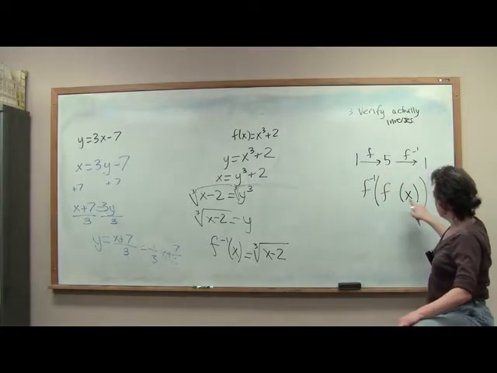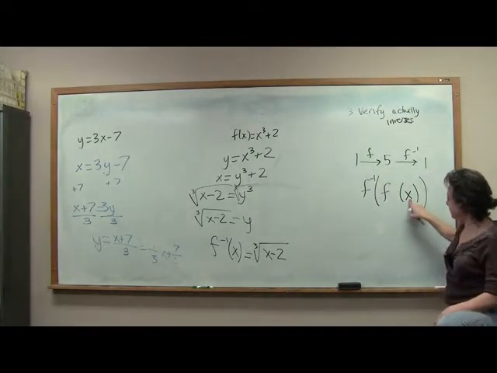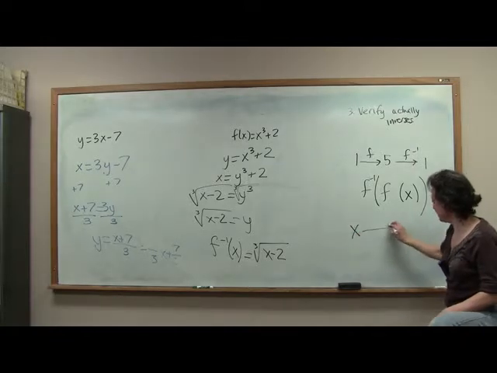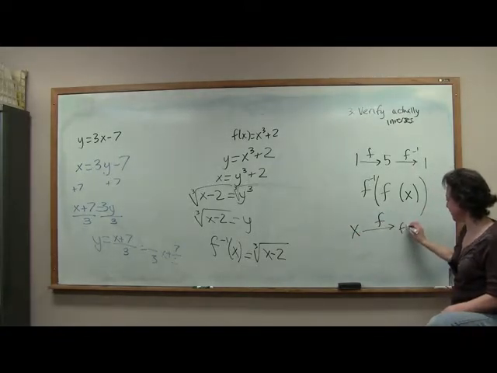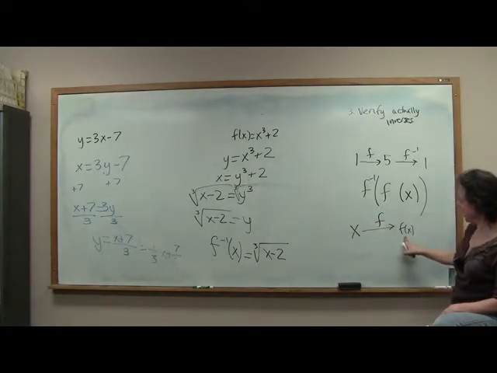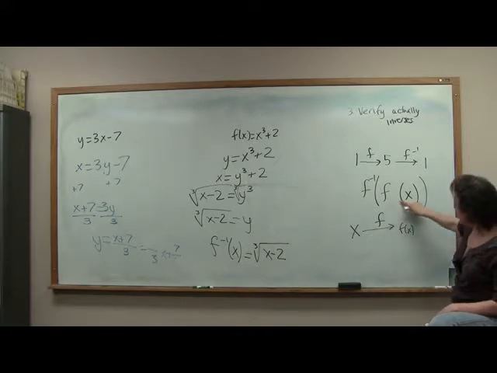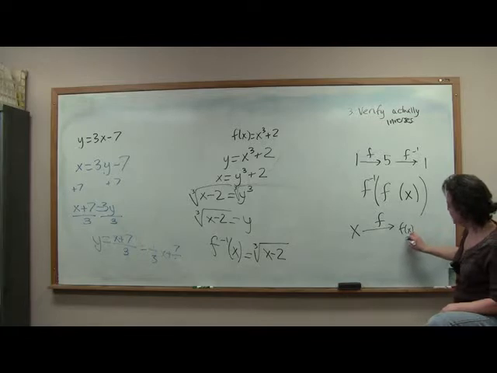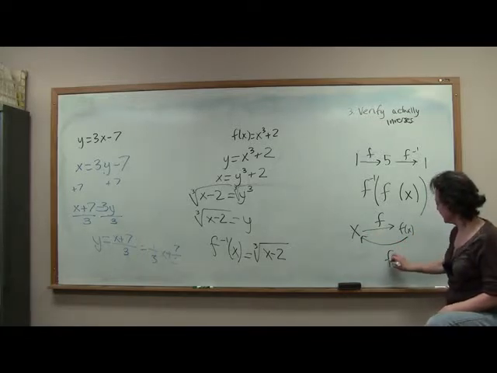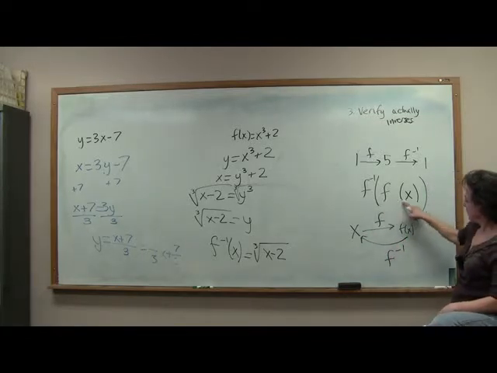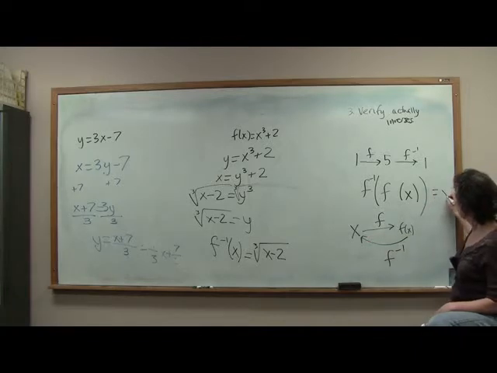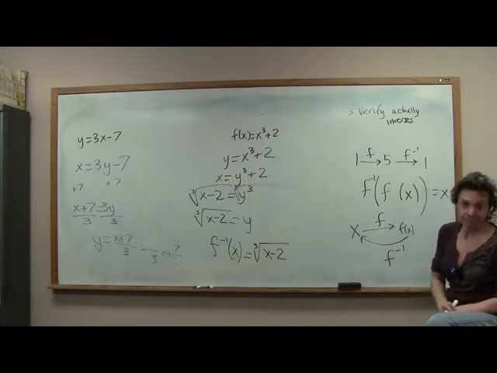Let's see what happens. If we start with some value of x, who cares what it is, and we plug it in our function, something's going to come out, right? Well, this something that came out, we want to plug into our inverse, and we want to get back to where we started.